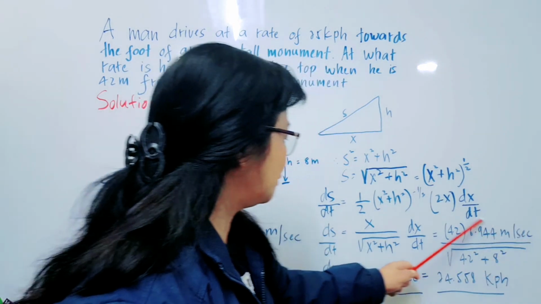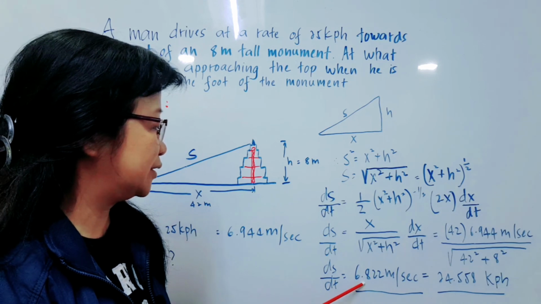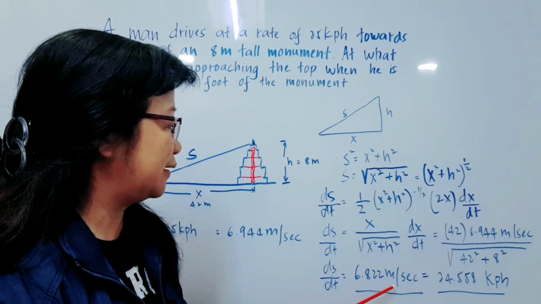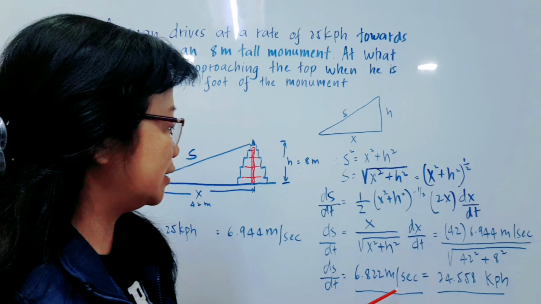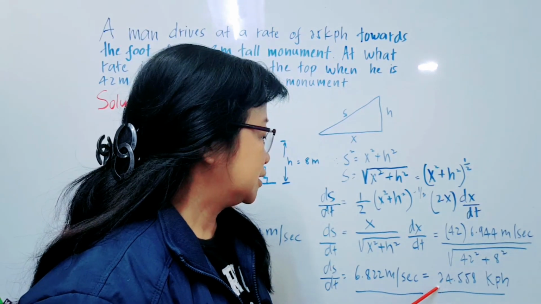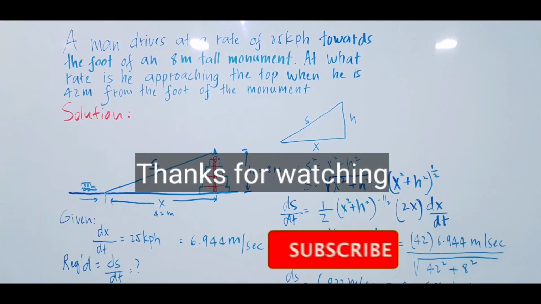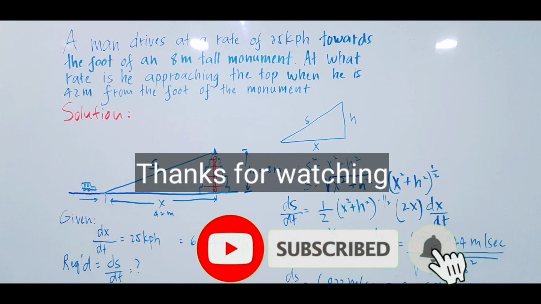Simplifying this will result in ds dt equal to 6.822 meters per second, or if you want it in kilometers per hour, it is equal to 24.558.